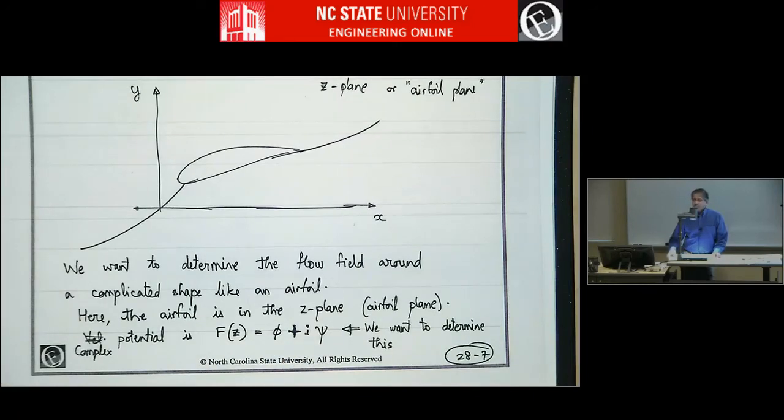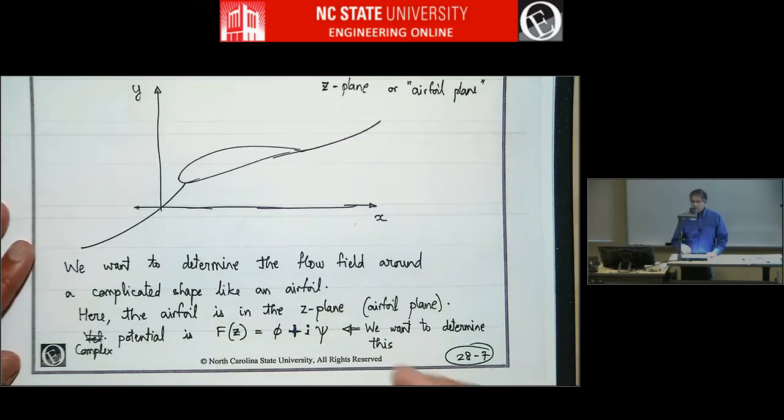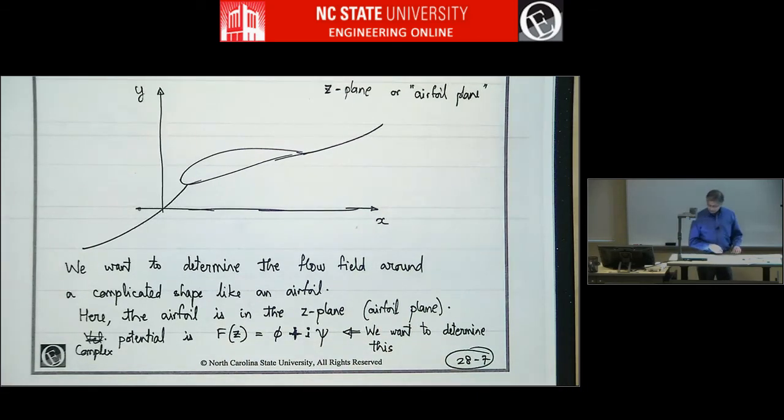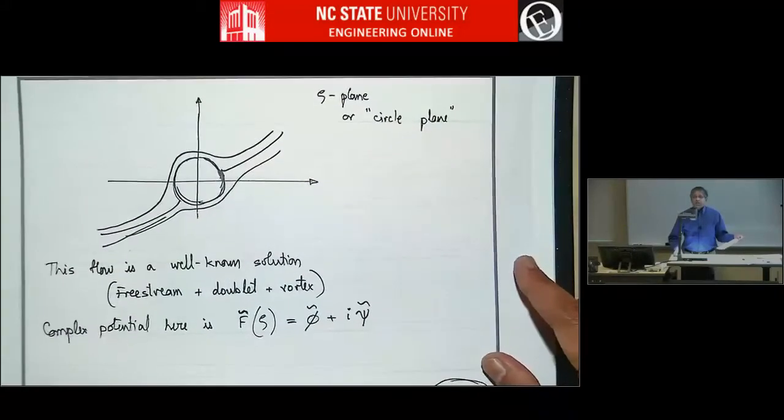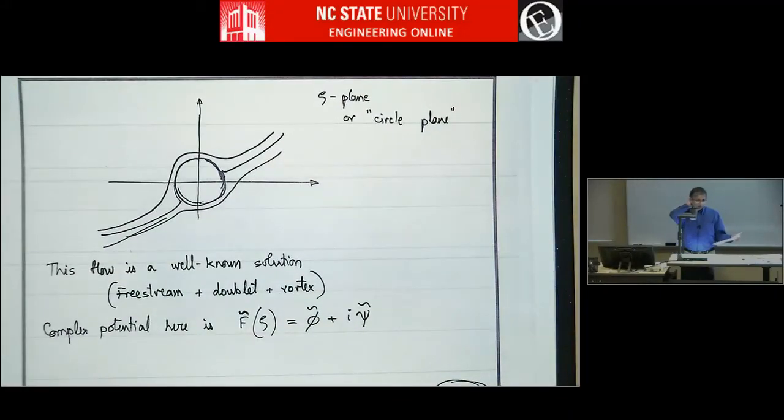That's what we want to determine because we want to see what is the flow past an airfoil. So if we figure this out, we have found out the flow past an airfoil. What we want to do is use a well-known flow and transform it. And one well-known flow is the flow past a circular cylinder.